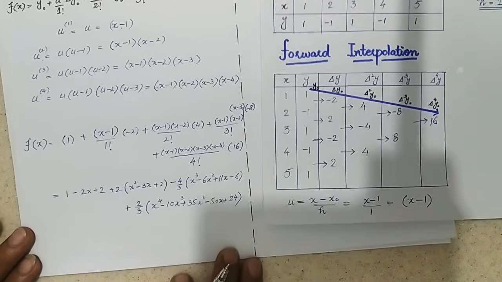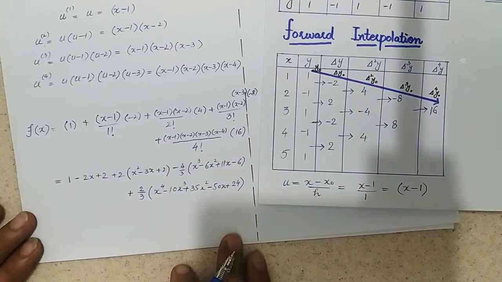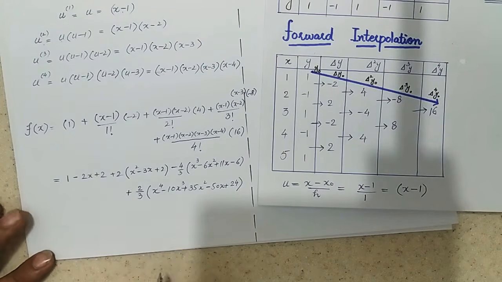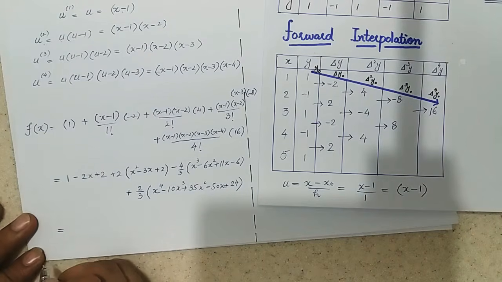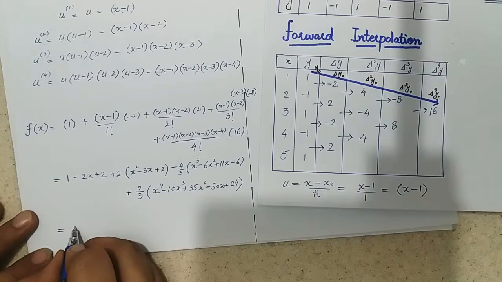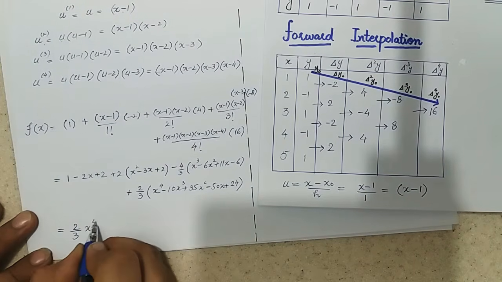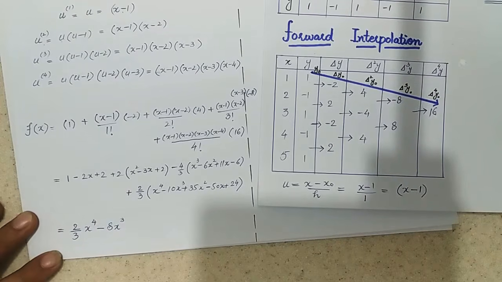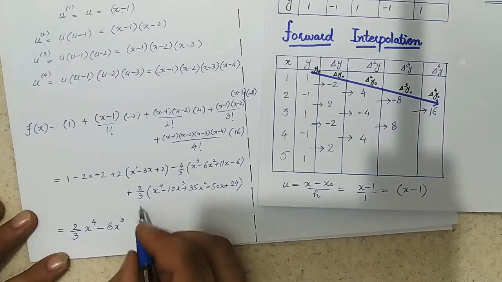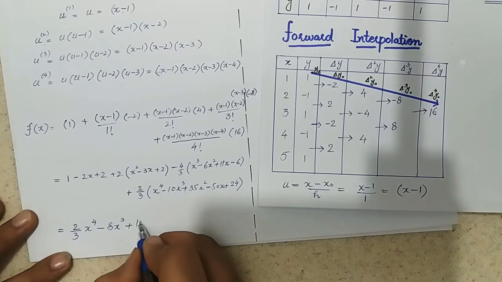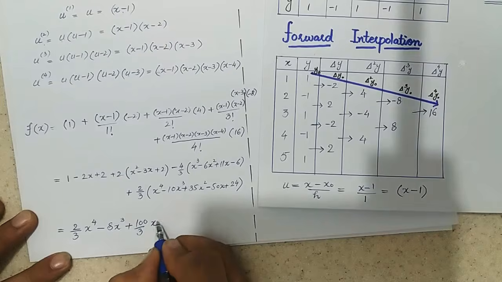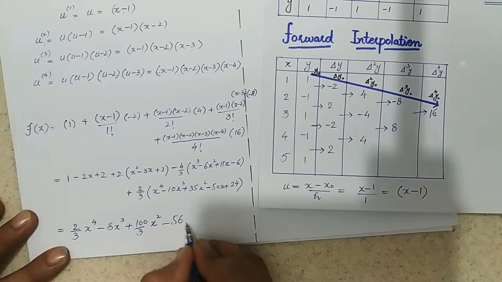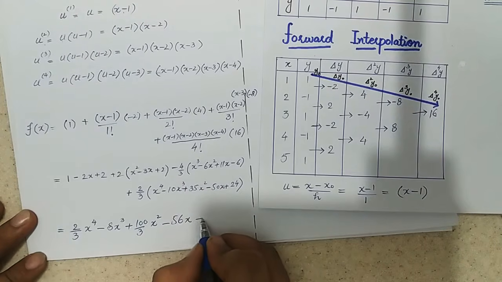Now we will open brackets and simplify by adding similar variable with similar variable, and we will get at last 2 by 3 x4 minus 8x cube by combining all term of x cube plus 100 by 3 x square combining all term of variable x square minus 56x and constant is 31.